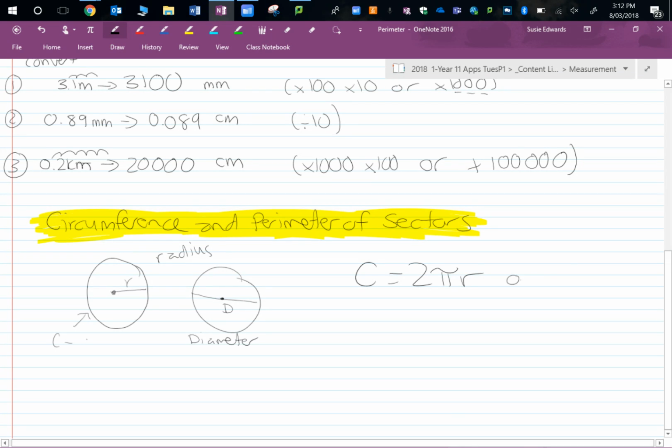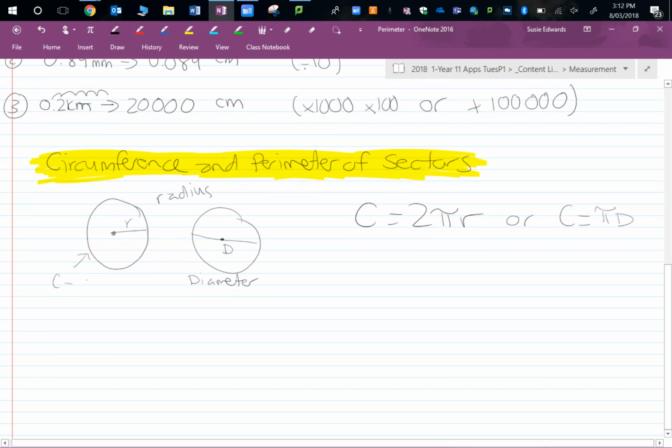So circumference equals pi times diameter. Could use either one because they mean the same thing. Everyone okay with that? Everyone know where the pi button is on their calculator, all of those things.